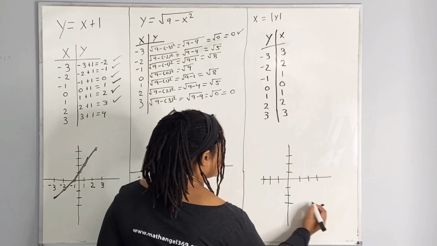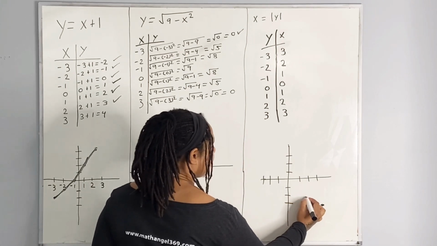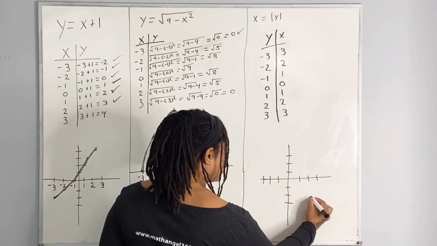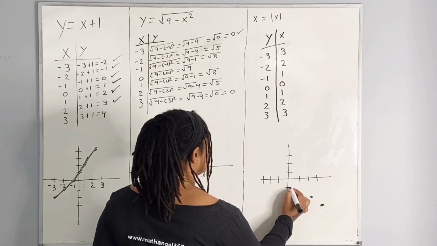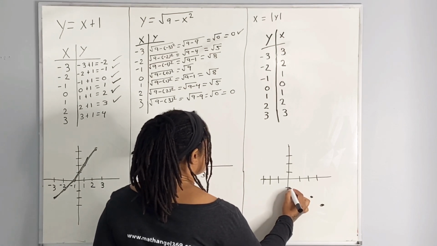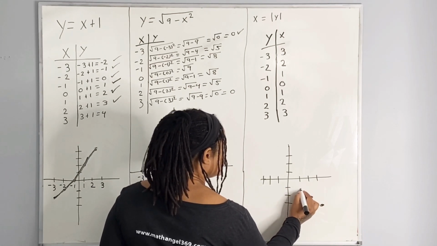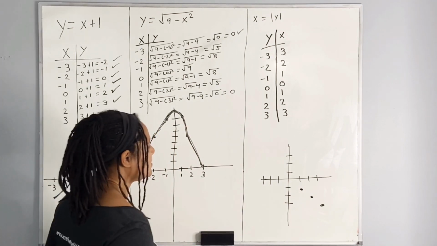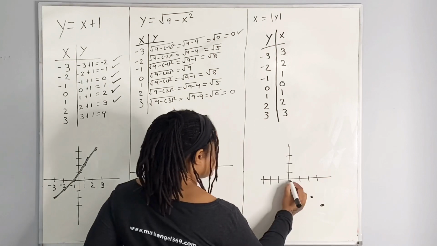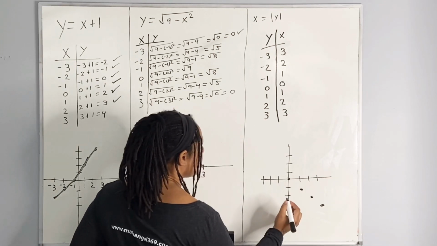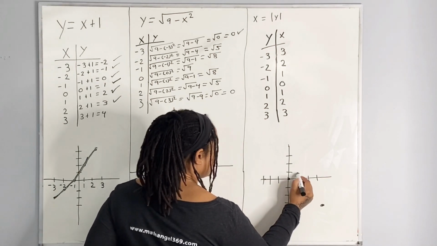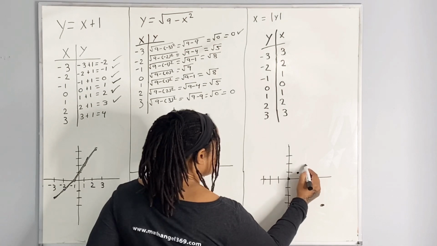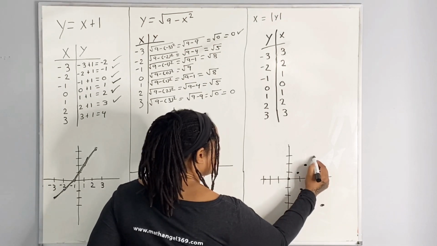If I were to plug in a -2 for y, we get a +2 for x. And if we were to plug in a -1 for y, we get a +1 for x. And 0, 0, we get 0, 0 here. And then we get 1, 1. We get 2, 2, and we get 3, 3.